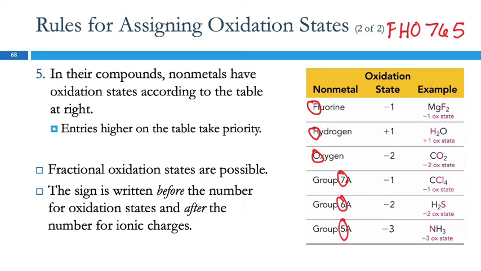Okay, so again, oxidation states and ion charges are so close to each other. So if fluorine was an ion, it would have a -1 charge. If hydrogen is an ion, it's +1. Oxygen makes a -2 ion. The group 7As make -1, group 6A -2, group 5A -3.